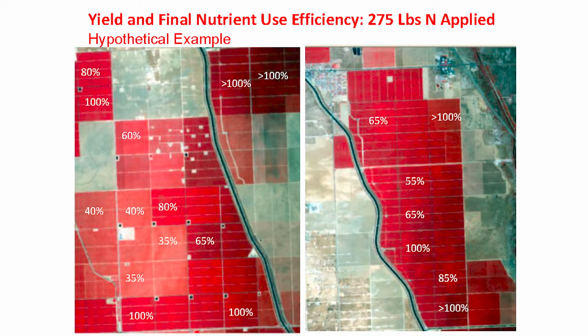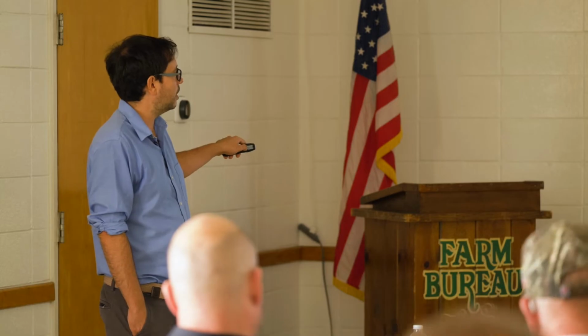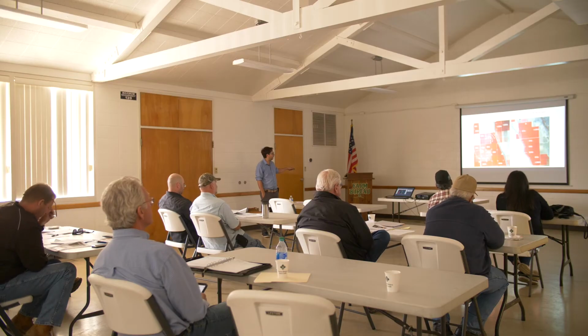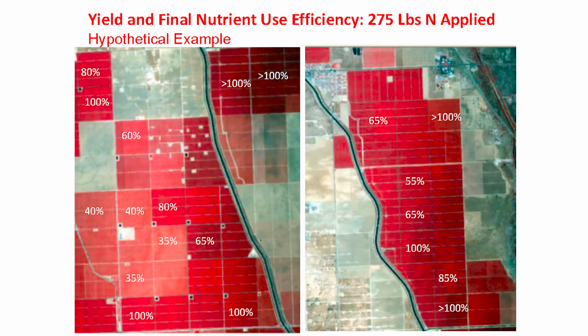Of course not. More than 100% efficiency means that these trees were deficient. We didn't provide enough nutrient to support that yield. On the other hand, less than 70% efficiency, this number here, 35%, means that we applied nutrient in excess, and a lot of that went into leaching, most likely.